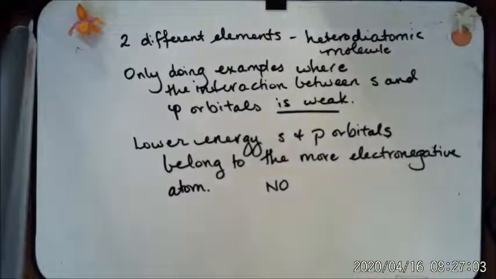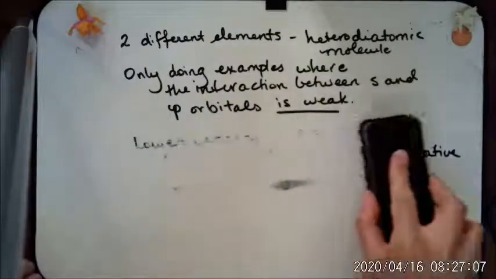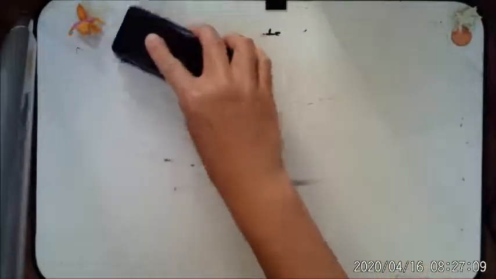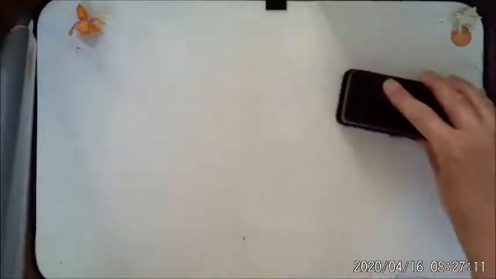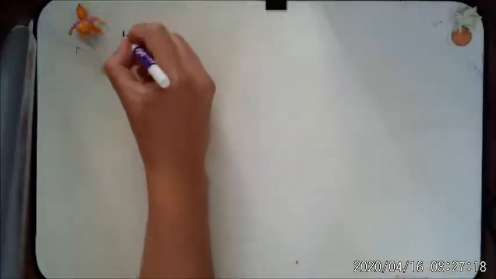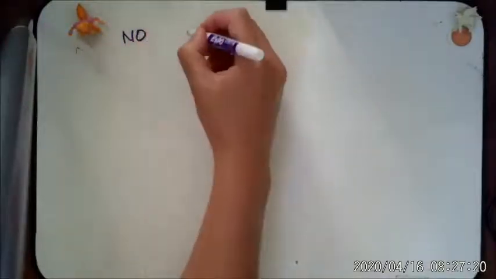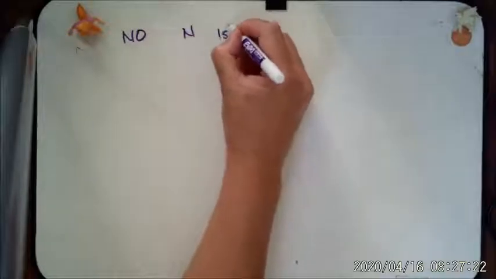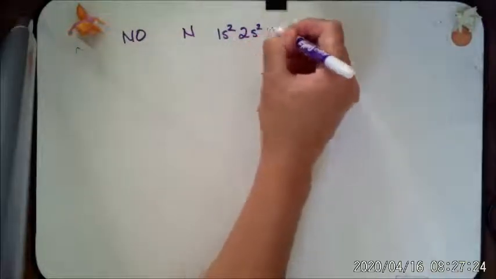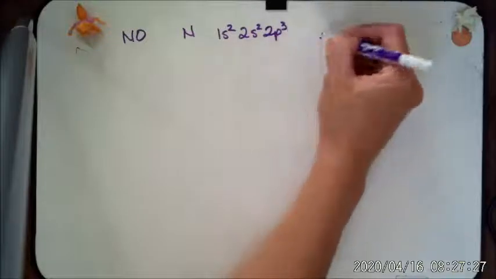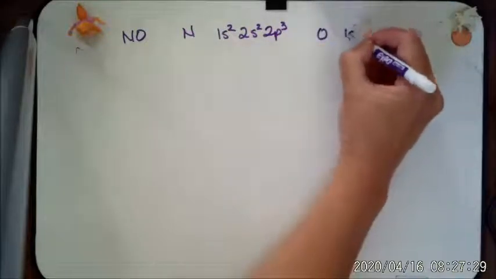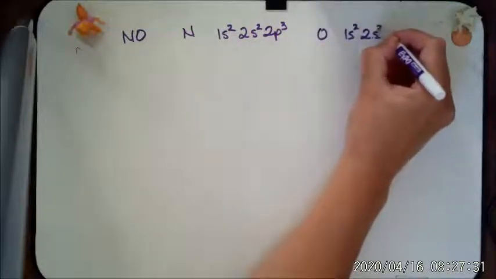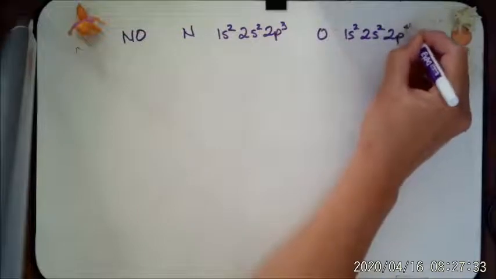NO. You don't say, no, I don't want to look at it. We're going to anyway. All right, so NO, N is 1s2, 2s2, 2p3, O, 1s2, 2s2, 2p4.